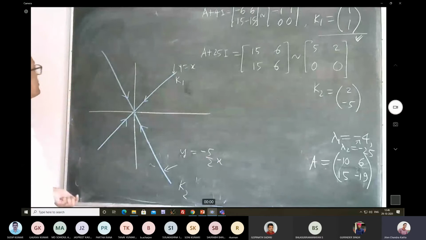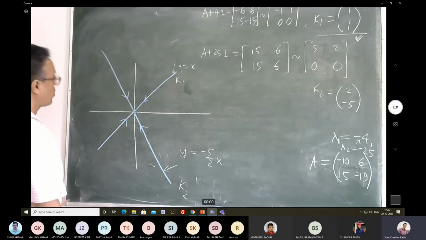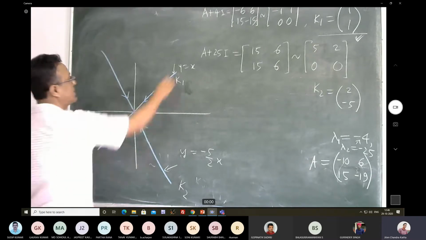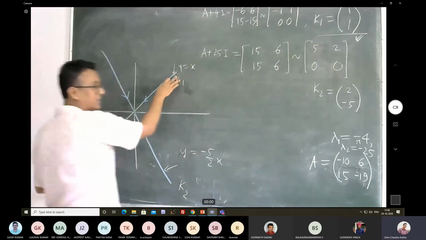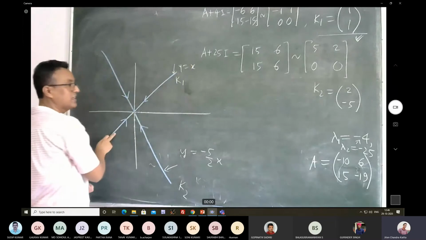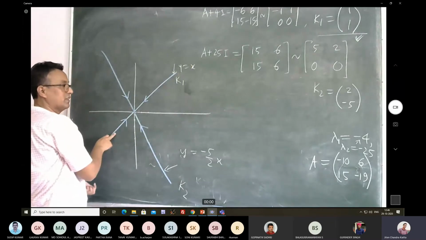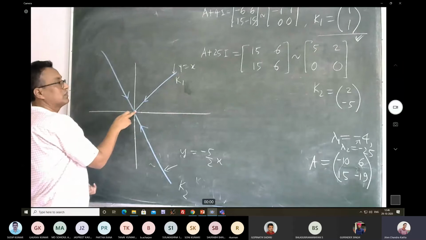Okay. So now you know what is going to happen. All the others are going to spiral towards the origin, in such a way that at the origin their tangents have slope simply 1, isn't it? Their tangent slope is determined by this line. So basically this line is going to be a tangent at the origin to all the other trajectories.